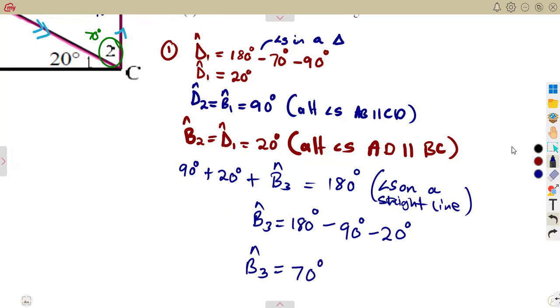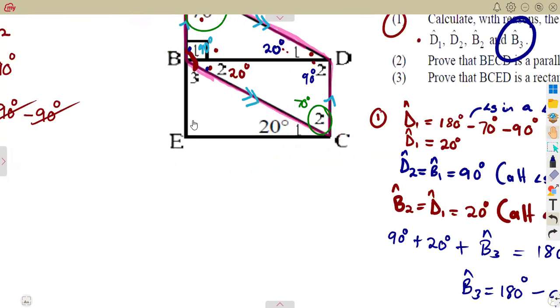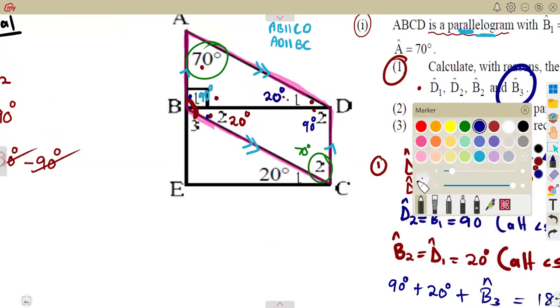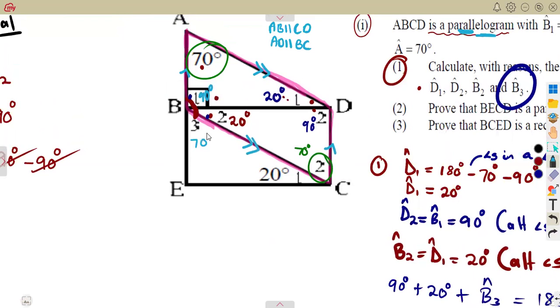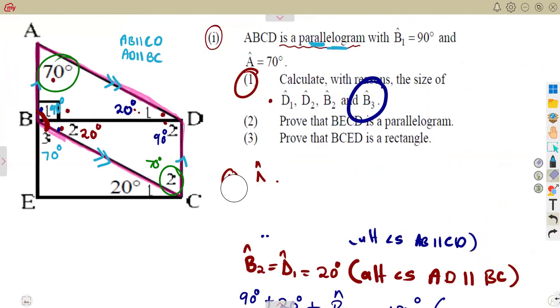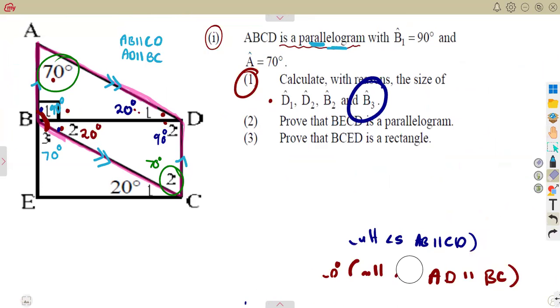So that's our angle B3, this one at point B. This angle is 70 degrees. We have calculated all these angles, and everything is complete on question number 1.